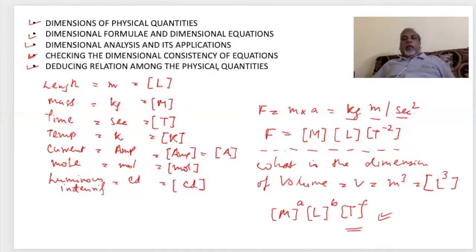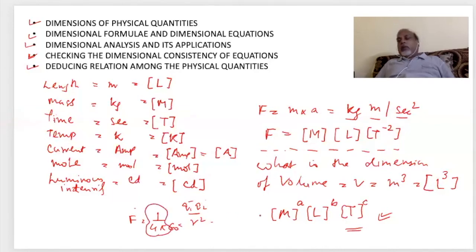Like suppose force is equal to 1 upon 4 pi epsilon 0 q1 q2 upon r square. It will have these dimensions, but this is a constant.